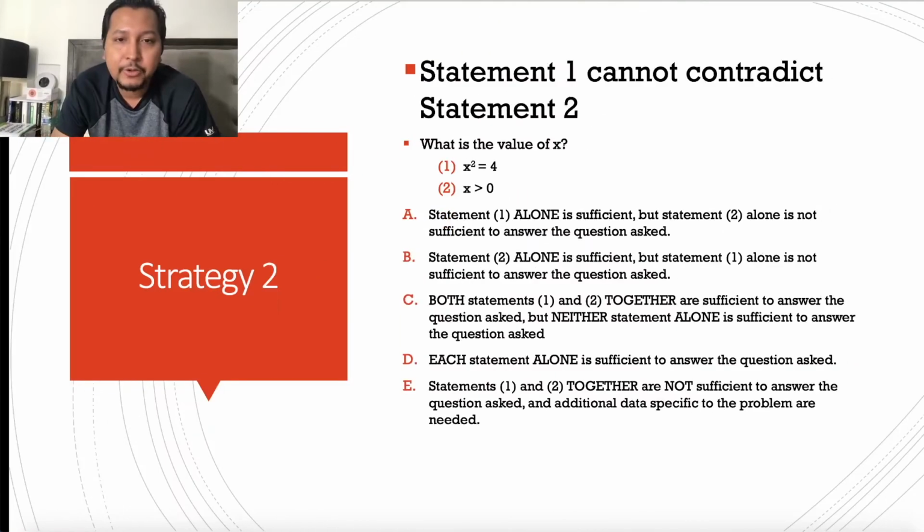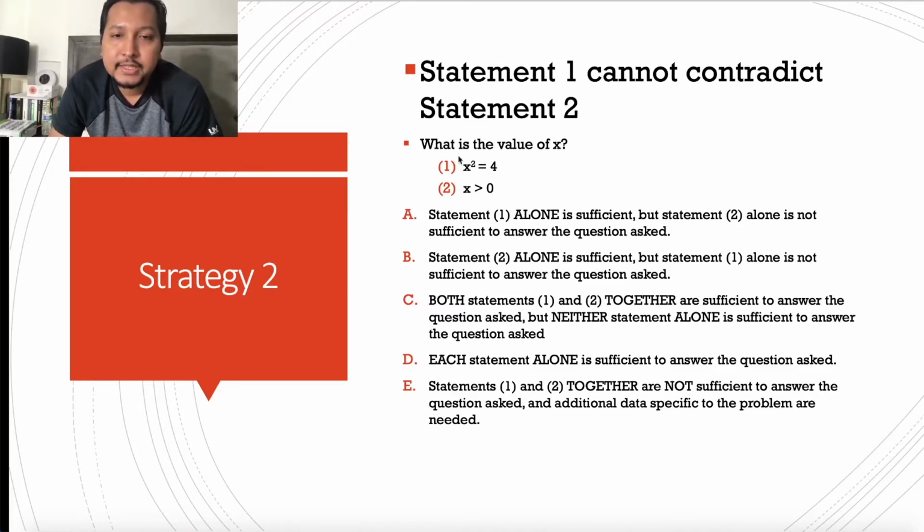Okay, so now our next strategy: statement 1 cannot contradict statement 2. For example, here we are asking the same question, what is the value of x, and we know from statement 1 x could be either plus 2 or minus 2, because x squared equals 4, and then from statement 2 we know x is greater than 0.